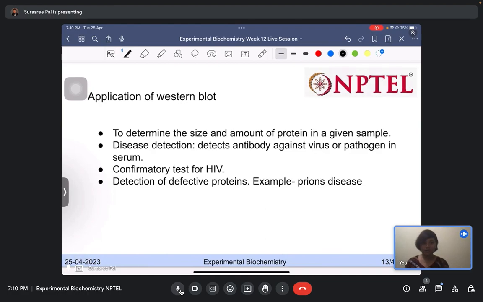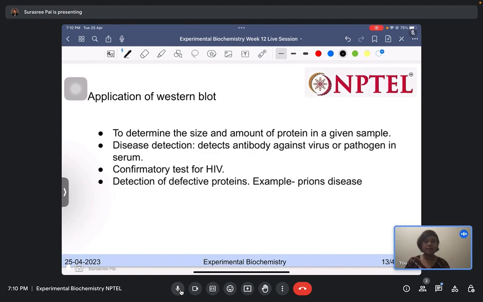Now, what are the applications of Western blot? First of all, we can determine the size and the amount of protein in our given sample. Whether a protein is expressed in very small amount in the cell, or whether it is expressed in large amounts in the cell, we can detect that by Western blot.